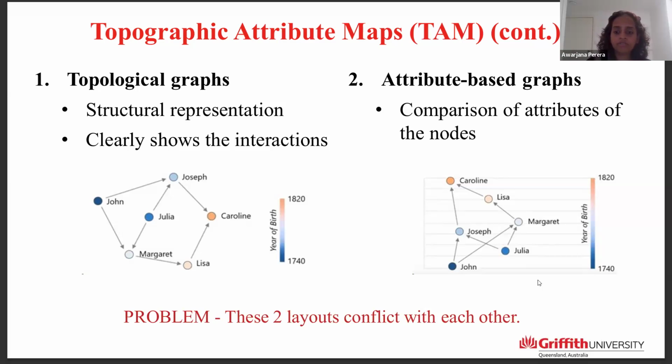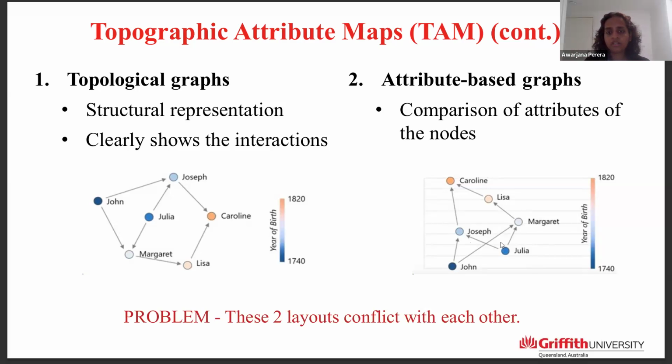And for example, if you look at the node at the bottom, it's very dark blue. And when it comes gradually up, it gradually changes the color. And compared to the first one, it's not very concerned about the layout of the graph because we can see some links overlapping with each other.